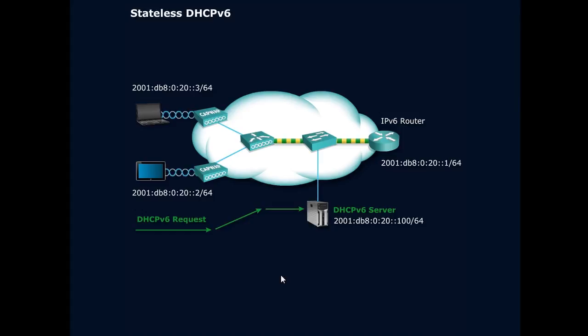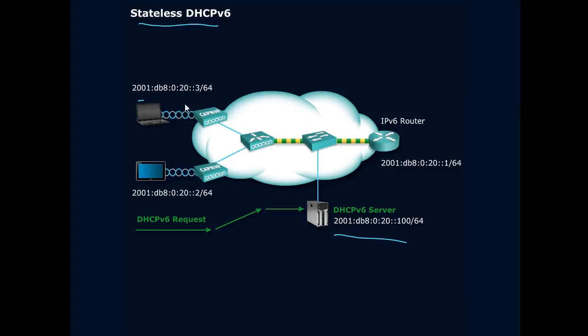Now that was one form of stateless configuration of IPv6. Here's another stateless configuration. If we have DHCP version 6 running, we can use this DHCP server to provide addresses for all of the nodes in our environment. This works exactly like it would in IPv4.